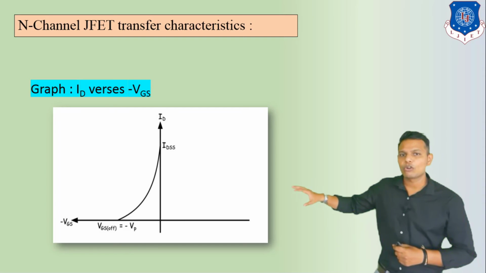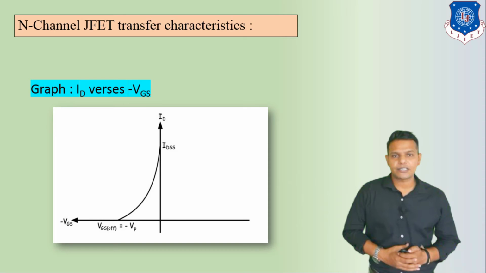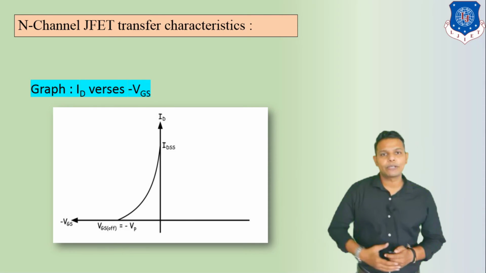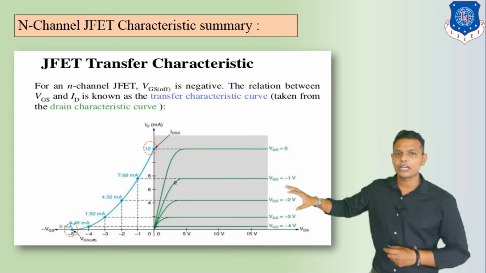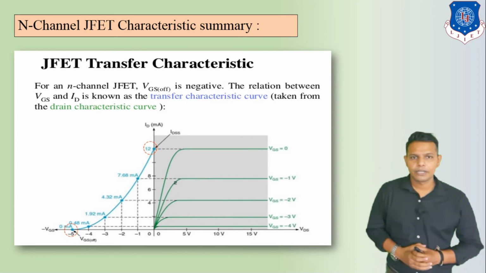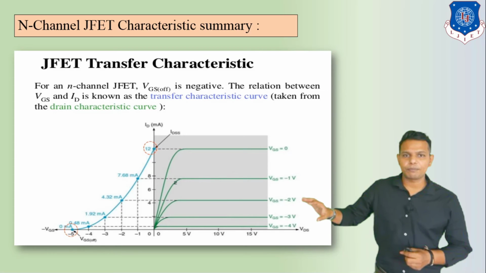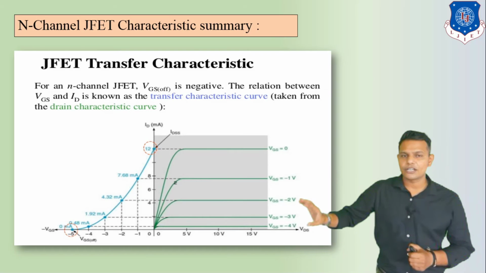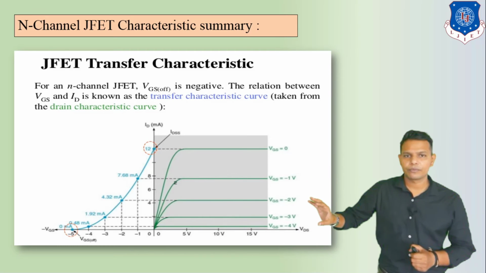So let us first discuss transfer characteristics. How can we plot transfer characteristics from output characteristics? We can conclude that from this graph. The relationship between VGS and ID is known as the transfer characteristics curve.